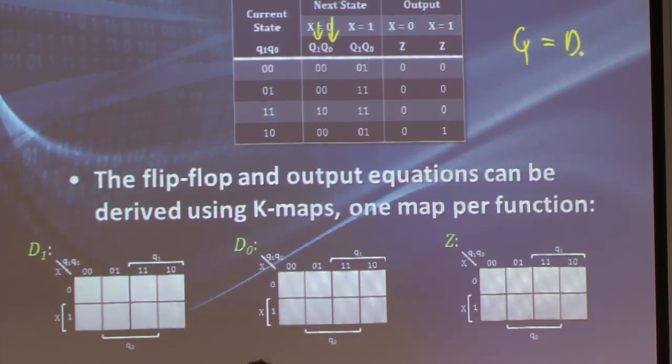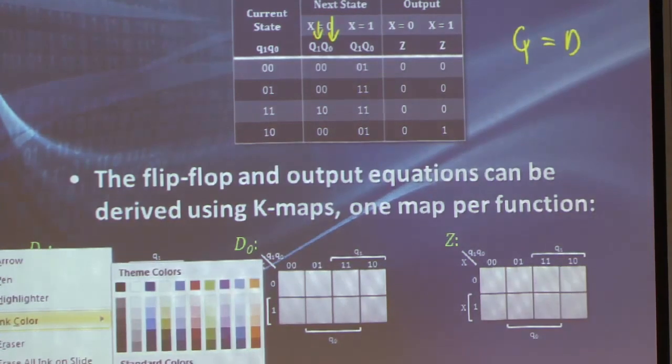We will see it happening in tutes. But it's very important you realize what the order of the things is. And again, I've done it this way because you'll see it's very easy to read the values straight into the corner maps. So let's derive the equations for D1, D0, and the output Z.